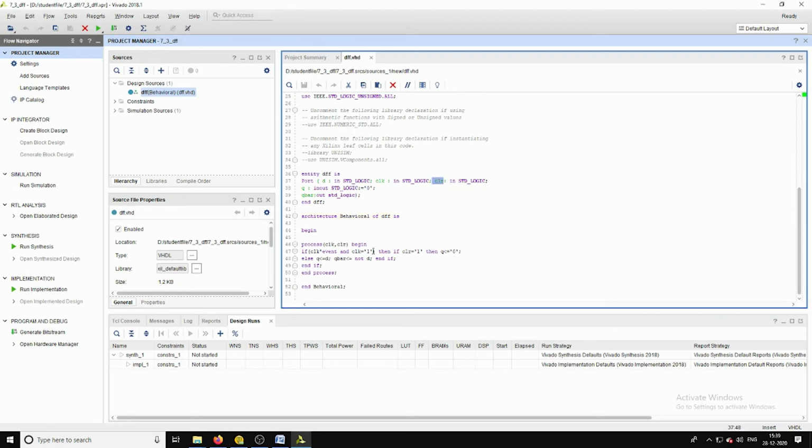Whenever the clear is assigned as 1, the output will be reset to 0. In the remaining cases, output will be assigned with the given input value. See, all the flip-flops have two outputs. One is complementary and the other one is non-complementary.